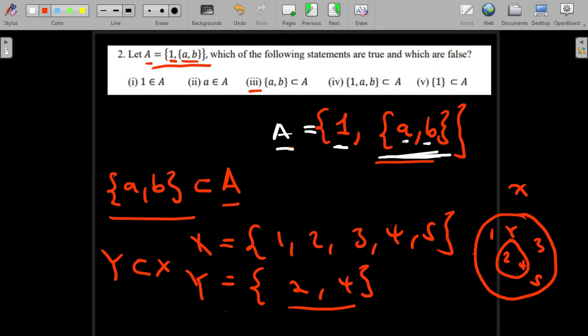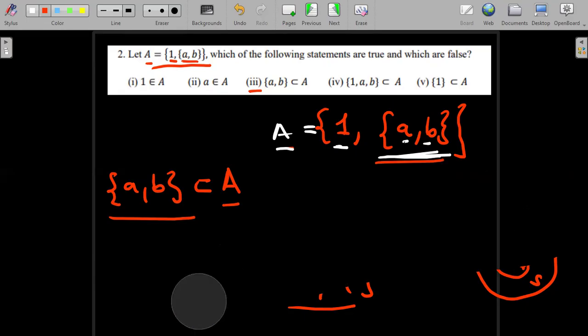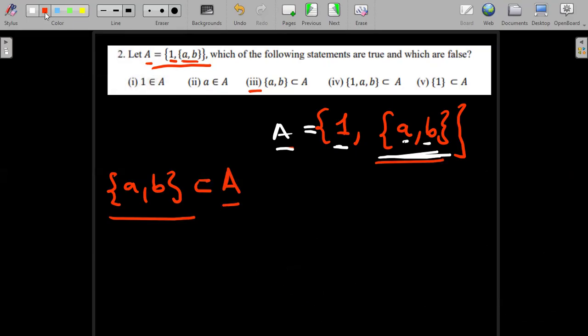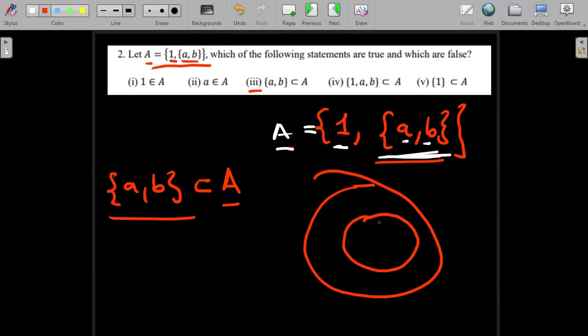Of course, we can see it is contained in the set A. So this is going to be a subset, and this is going to be true. Informally, as we did with the previous sets, this set there is just the set containing A and B, and this other element is just one there.